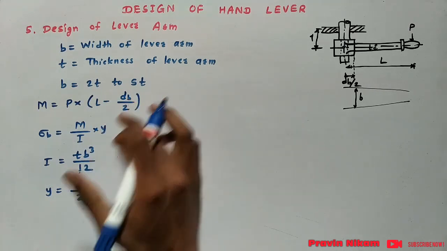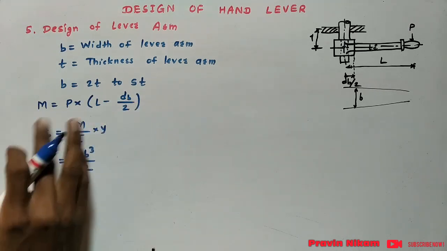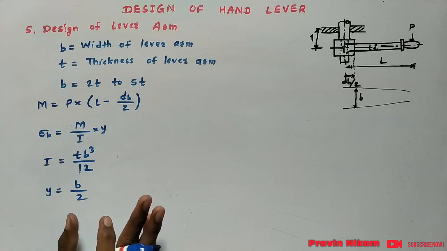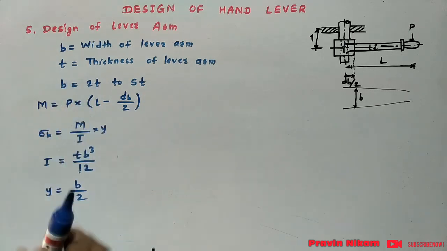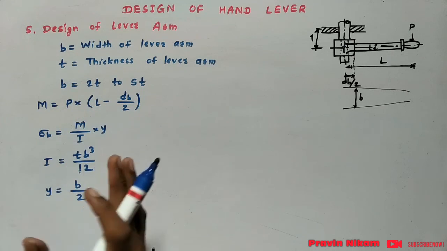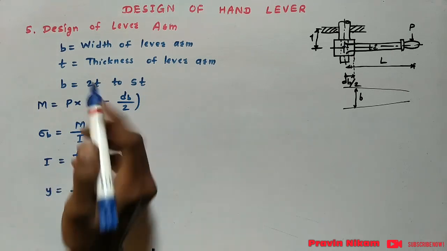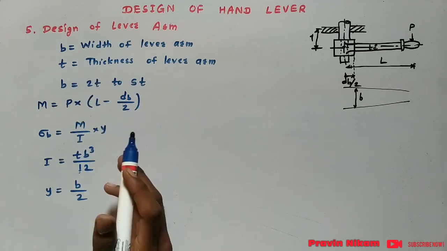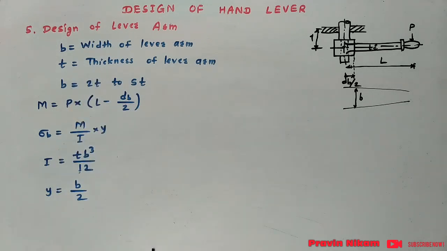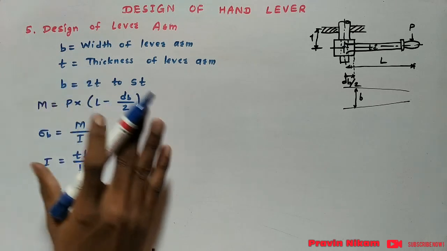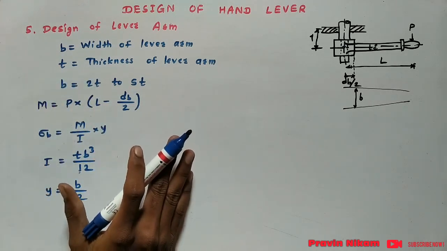So put all these values in the equation of sigma B, and put B equal to 2T, and you can get the value of T. Then put that value of T in this empirical relation, you will get the value of B. So in this way you can design a lever arm.